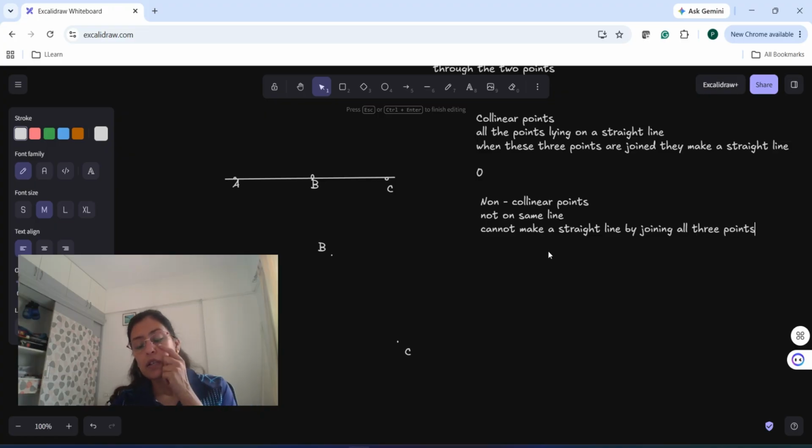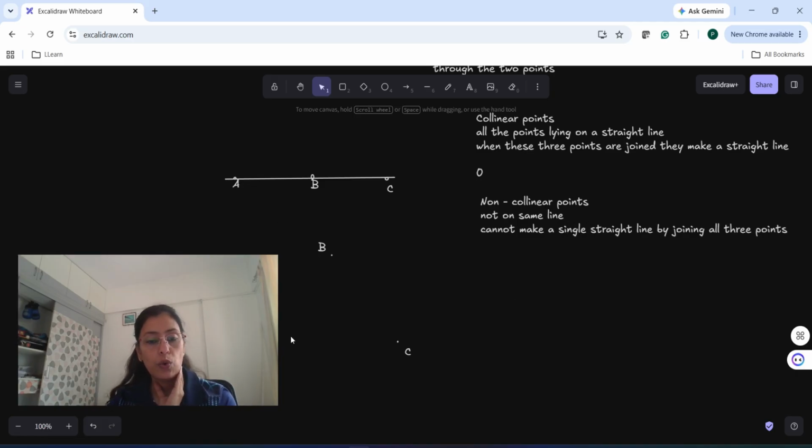When you join all these 3 points, they won't make a single straight line. So how many circles can you make such that all these 3 points are lying on the circle?